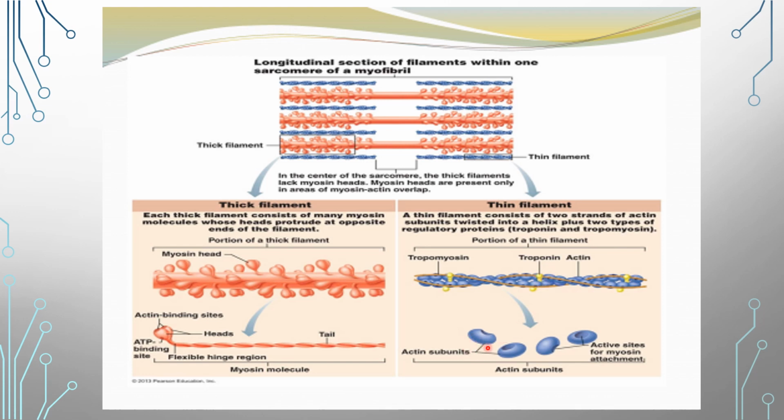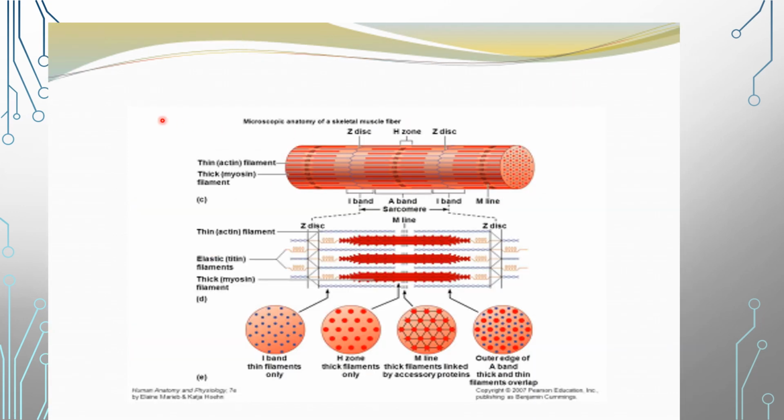So you can see here the actin subunits which have the active sites for the myosin attachments. So during the contraction, neither the thick bands nor the light bands change their position. The contraction takes place when they overlap with each other because the Z discs come close to each other.